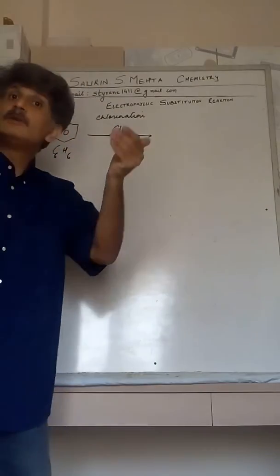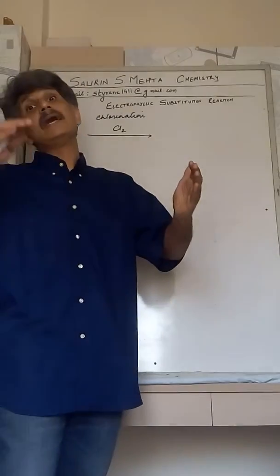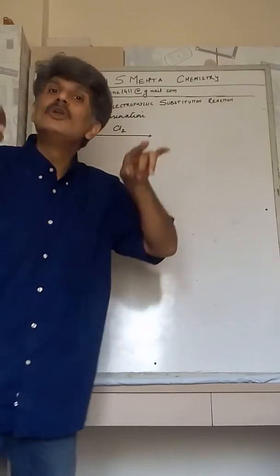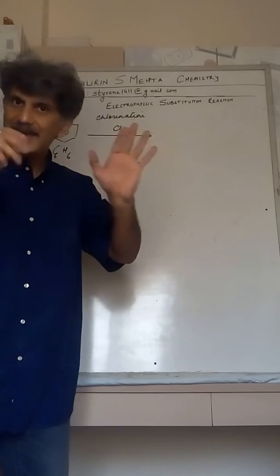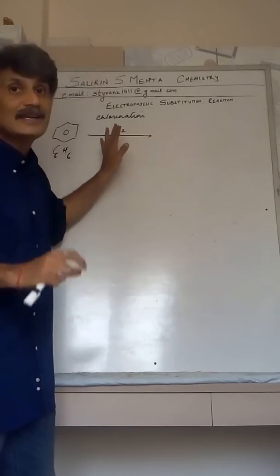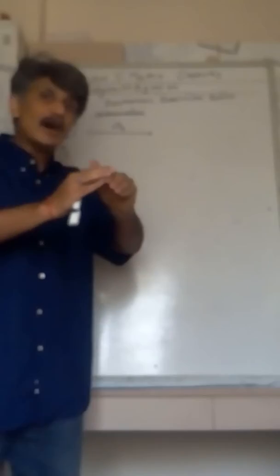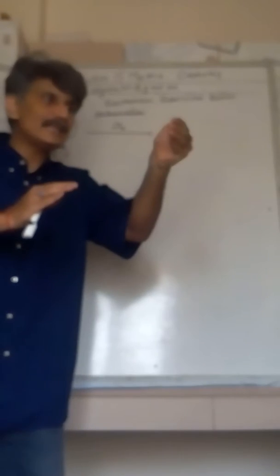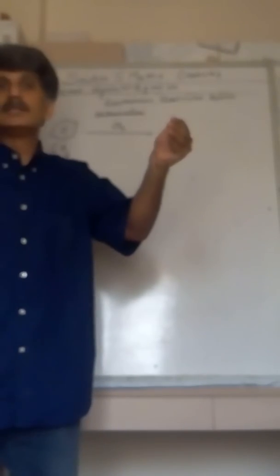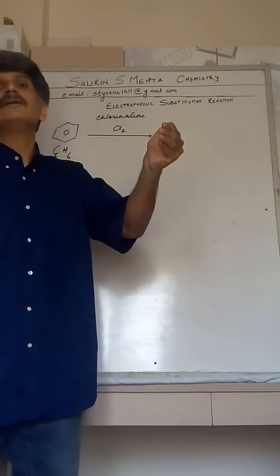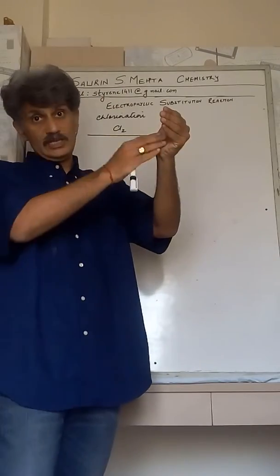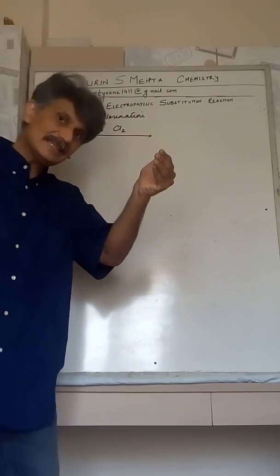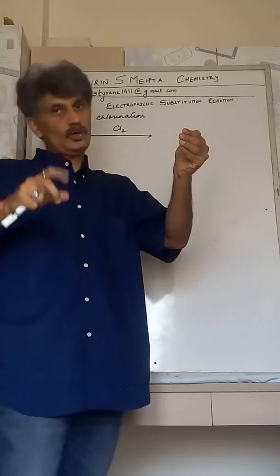One ion has to be positively charged, other ion has to be negatively charged. Only then can you generate an electrophile. Because if one ion is negatively charged, automatically the other has lost its electron to this one. And only then it will attain a plus sign, not otherwise.